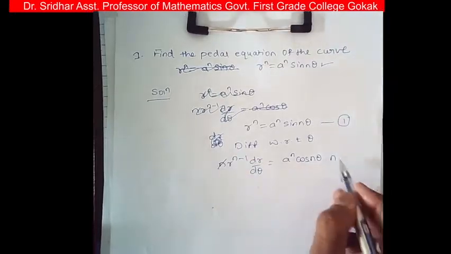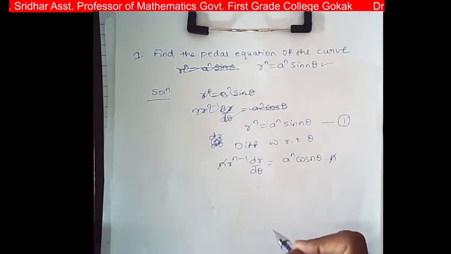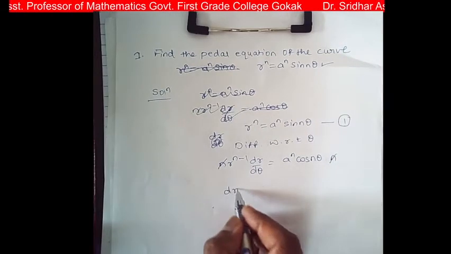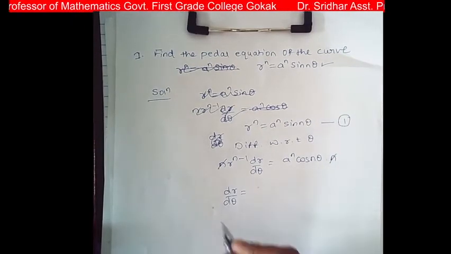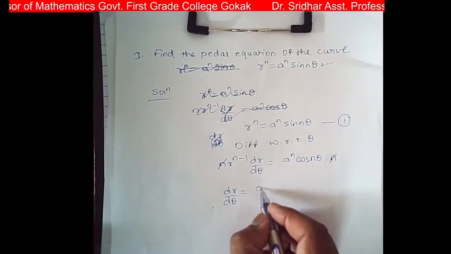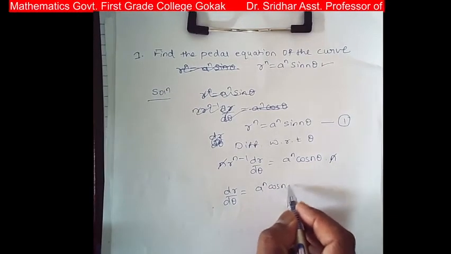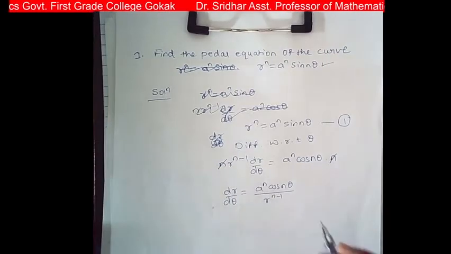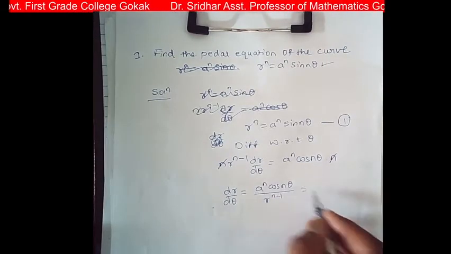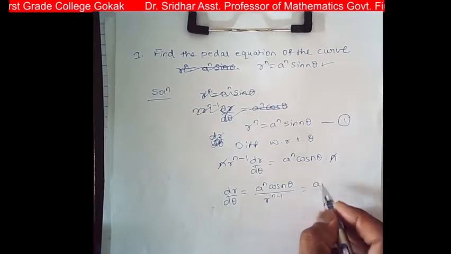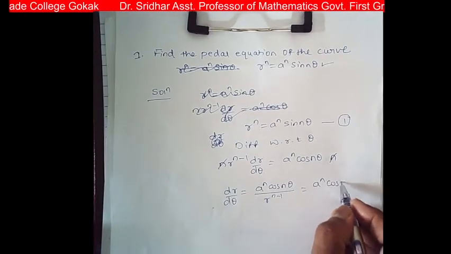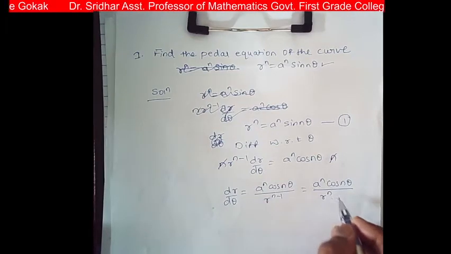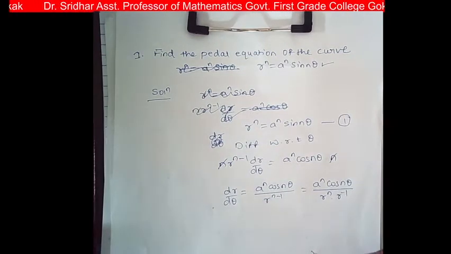So this n and this n get cancelled, which gives dr by d theta is equal to a raised to n cos n theta divided by r raised to n minus 1, which can be written as a raised to n cos n theta divided by r raised to n into r raised to minus 1.